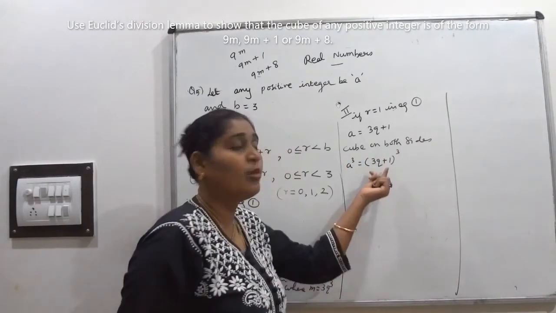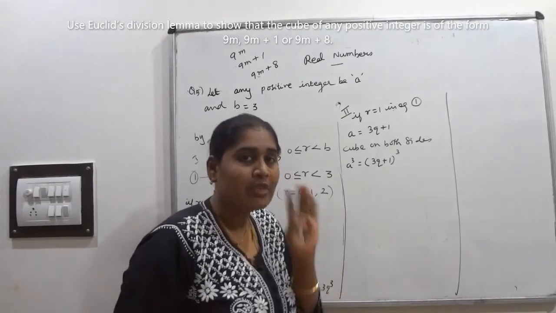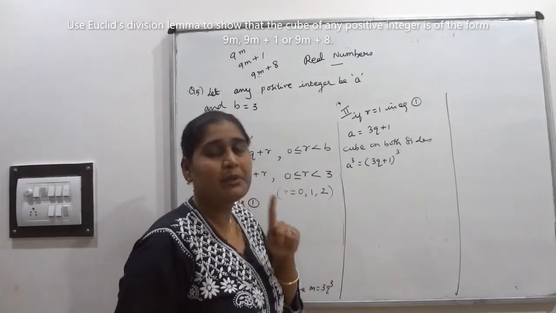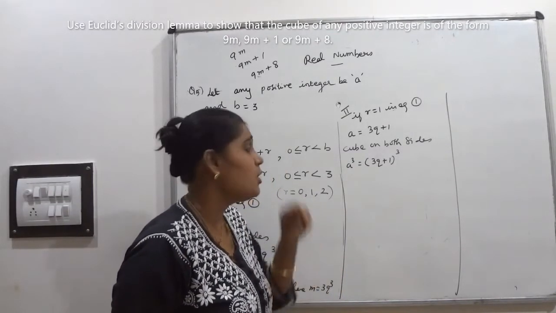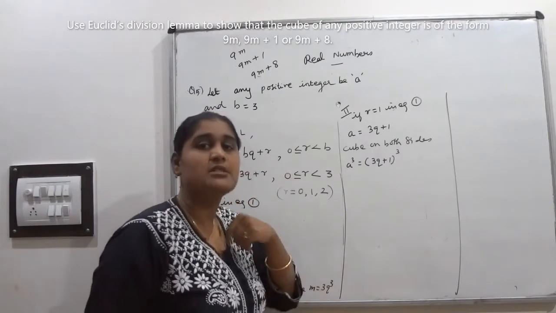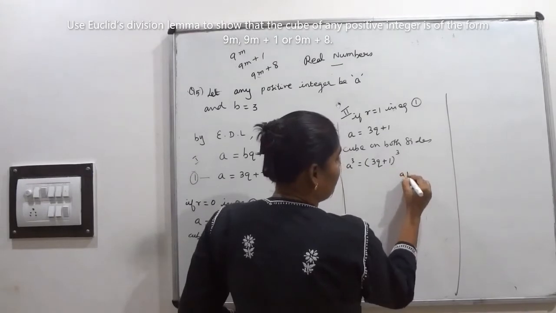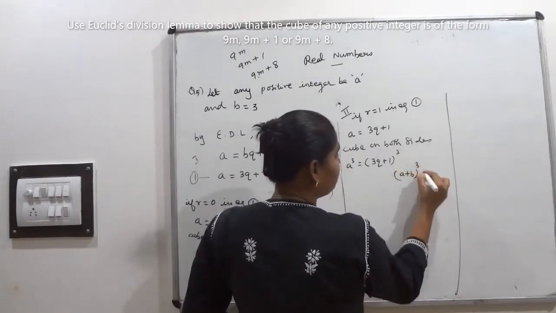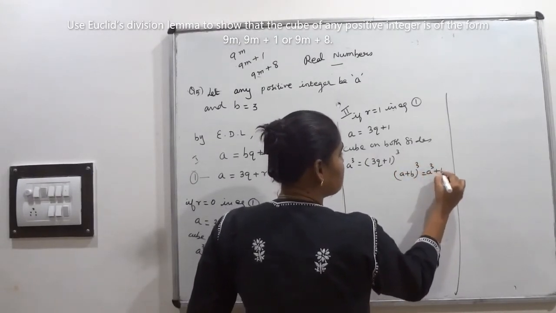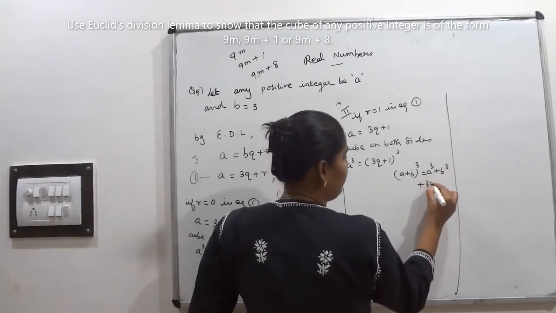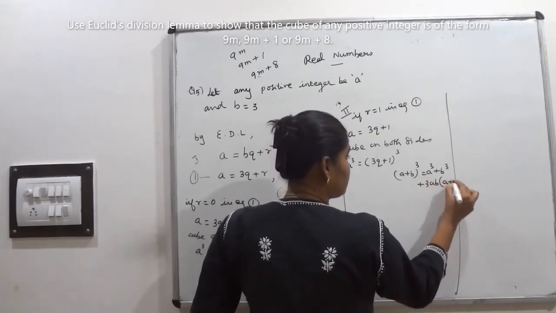It is in the form of a plus b the whole cube. Do you know the identity? A plus b the whole cube is equal to a cube plus b cube plus 3ab into a plus b.